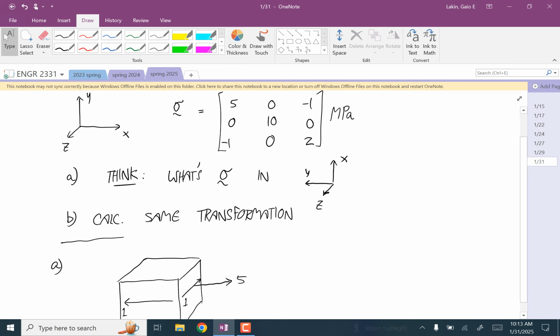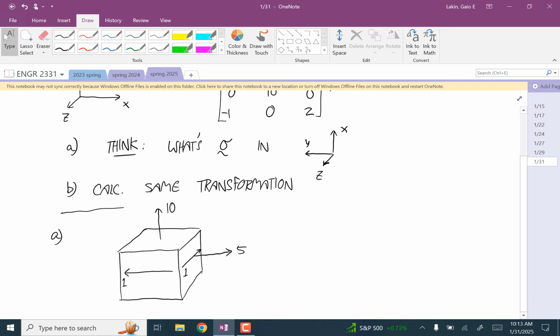And then for y, we have 10 going this way. And then for z, we have just 2 coming out. Okay, so this is the stress tensor in this coordinate system.